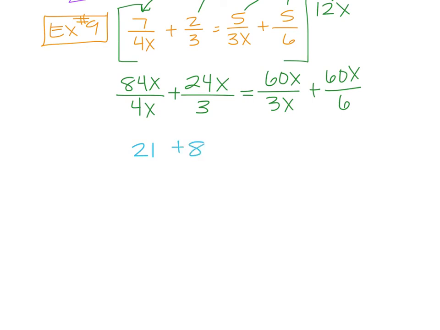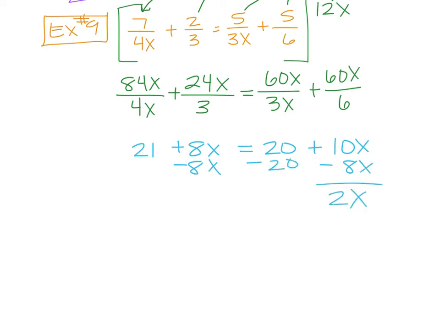That would be 8x, 24x divided by 3 equals 20. X divided by x is 1 plus, what's 60x divided by 6? That would be 10x. Okay, and then from there solve for x. So if we take away 8x from both sides, you get 2x over here.